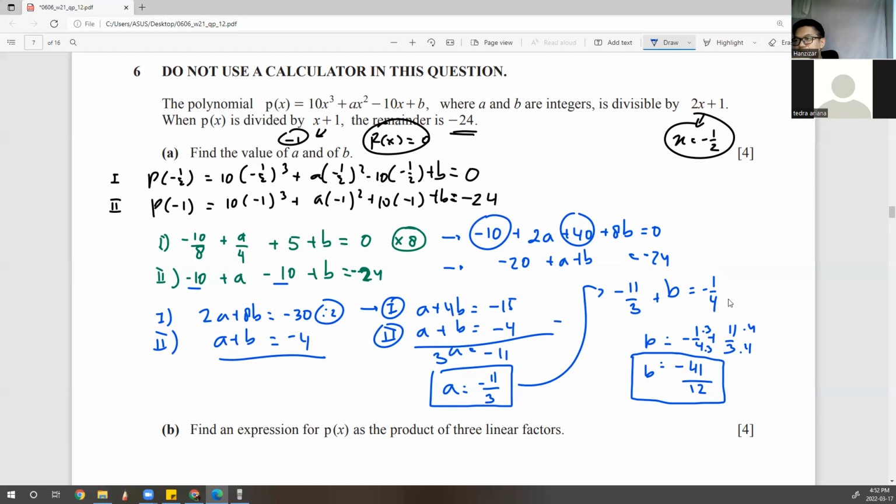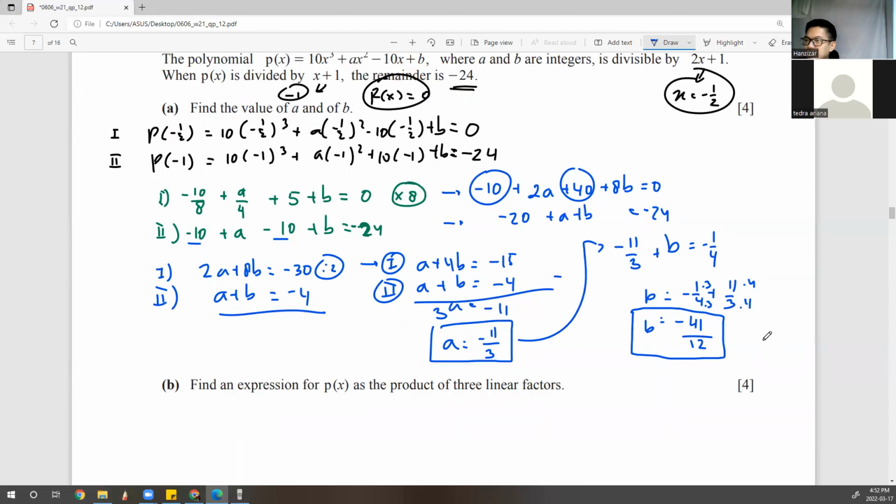Next, for the one below, a times negative 1 squared plus a plus b. Yes. Okay, just let it be. And then what next? Find an expression of p(x) as the product of three linear factors. So 10x cubed plus ax squared minus 10x plus b, right? You just replace every a and b with the numbers that we got.